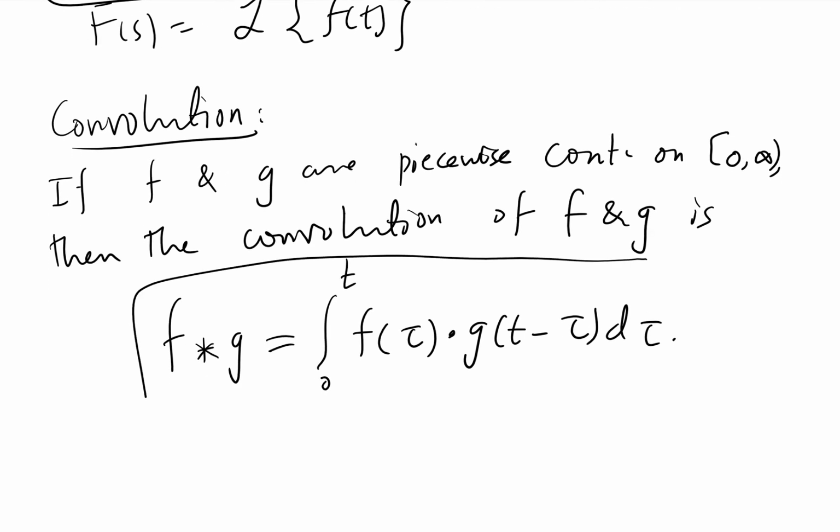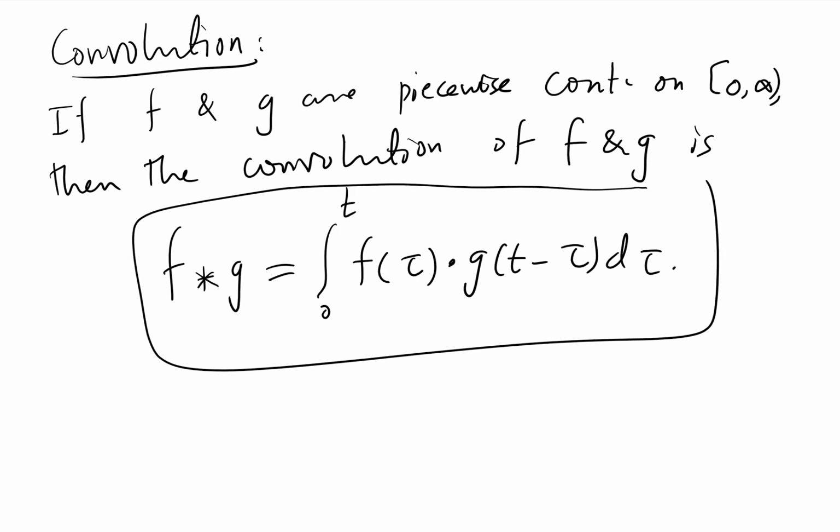That's the definition of the convolution of two functions. And convolution commutes. Commutes means f convolved with g is the same as g convolved with f.